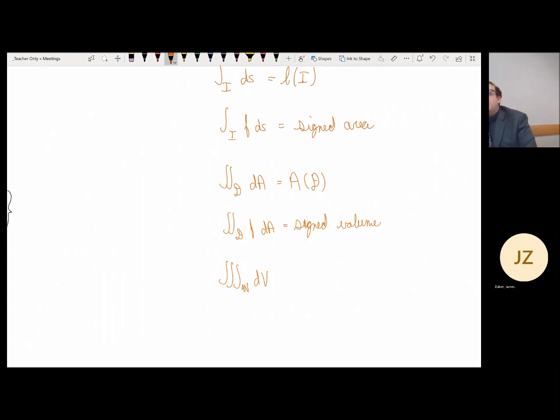Now we're in triple. The differential is now a volume differential. So what do we think this integral would give us?